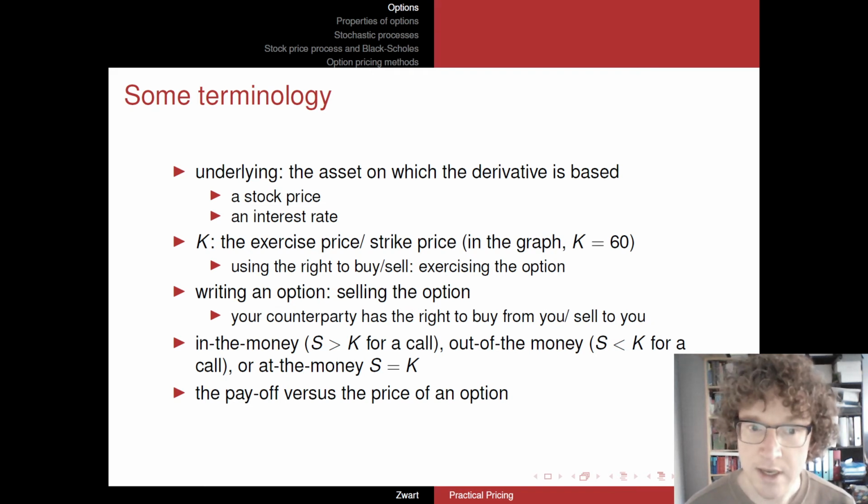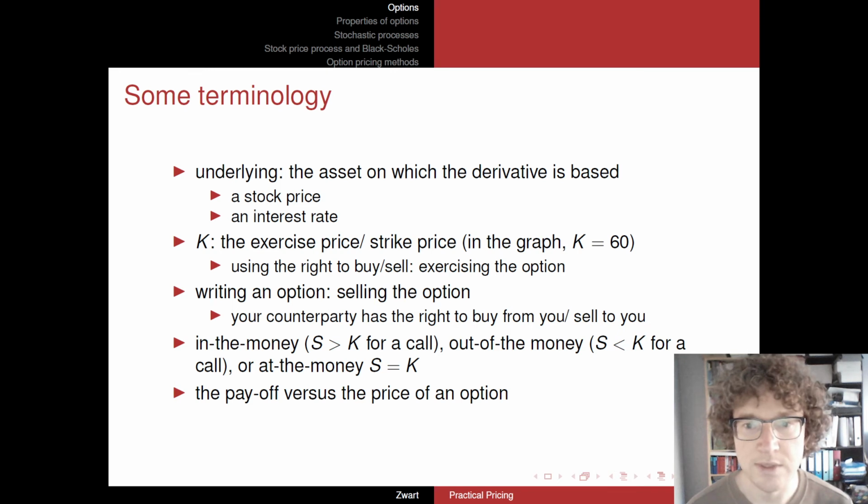If I would exercise this option today and the stock price is above the exercise price, I would like to use it, and we call this option in the money. Vice versa, if the stock price is below the exercise price, below K, then we call it out of the money, and I will not use this particular option.